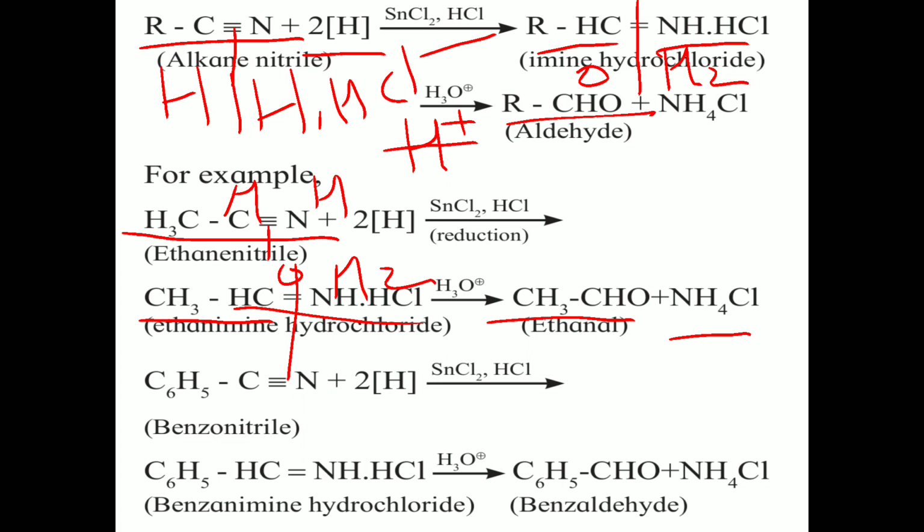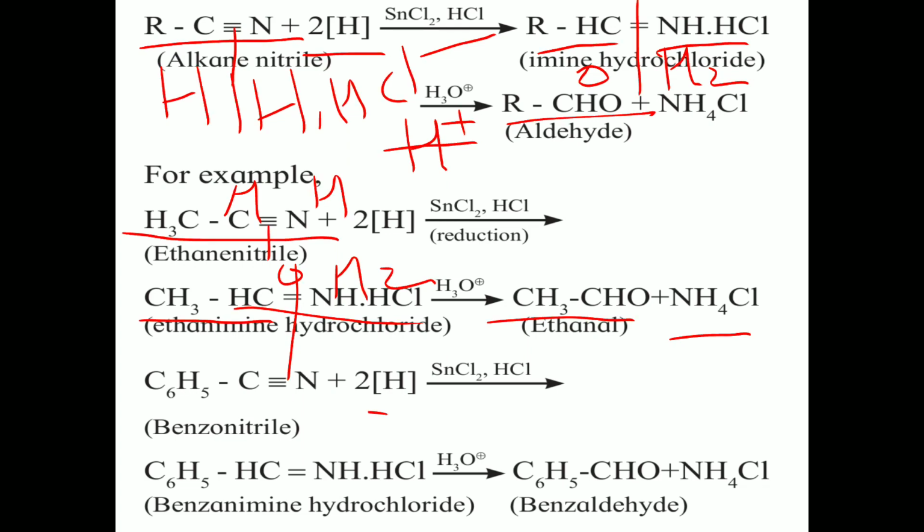Now next is the conversion of benzonitrile into benzaldehyde. See how this reaction takes place. First the benzonitrile is reduced to benzimine hydrochloride.